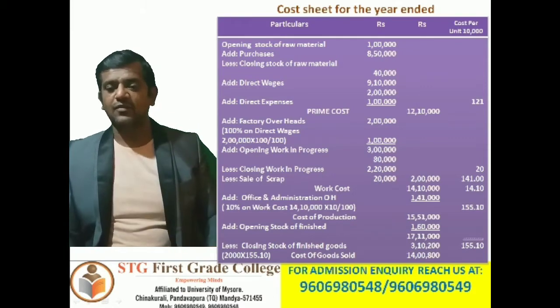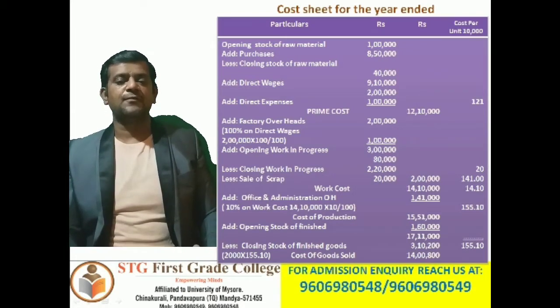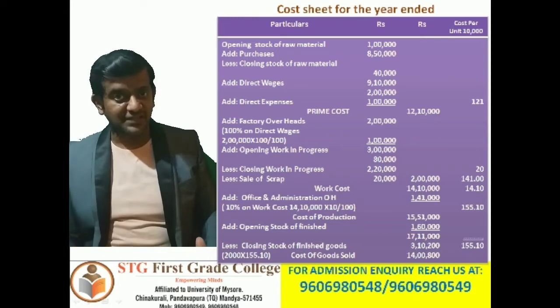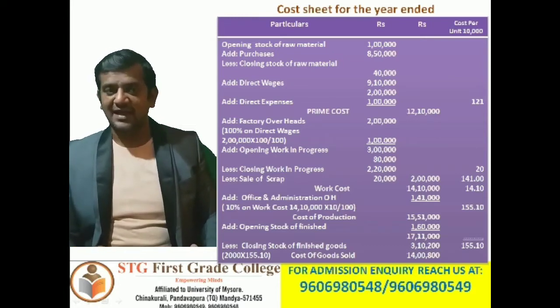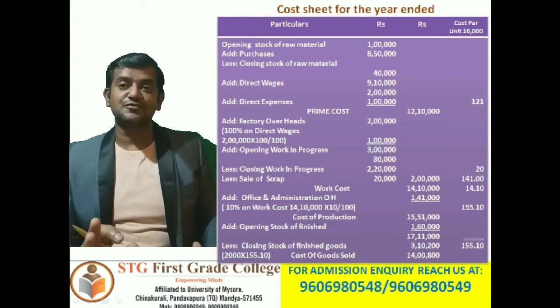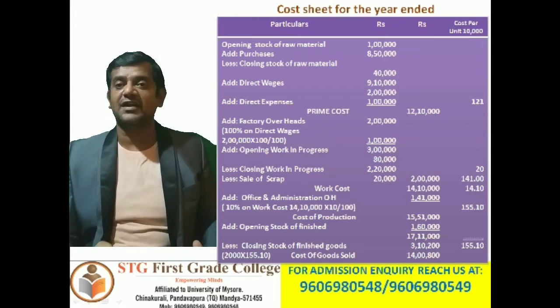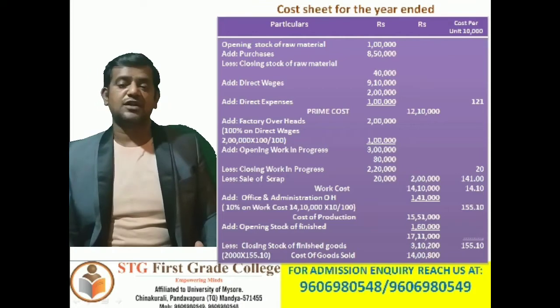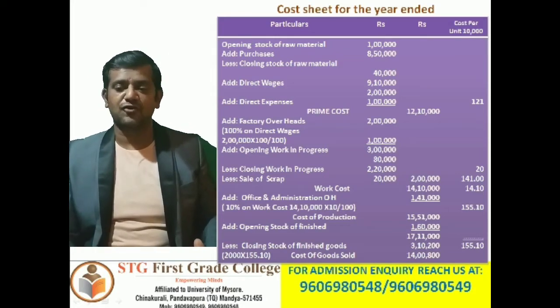At the same time, the work cost you got now is 12,10,000 plus factory overheads 2 lakh, that is 14,10,000. When you divide 14,10,000 by 10,000 units, you are going to get 141 rupees.